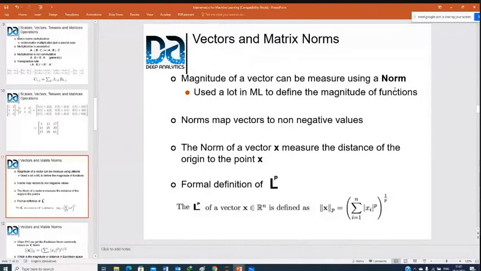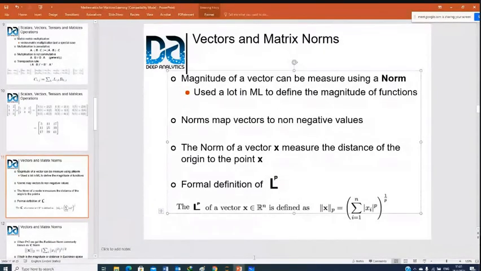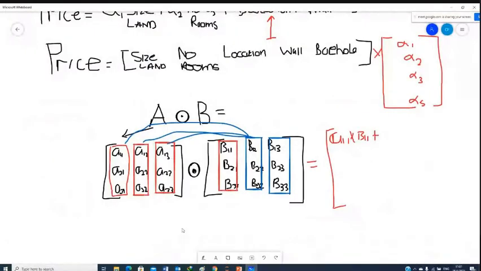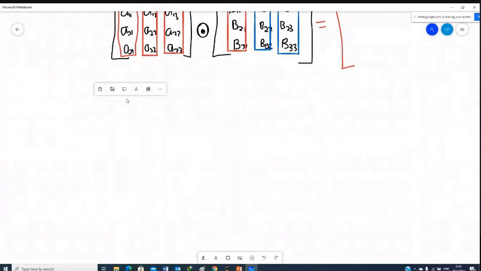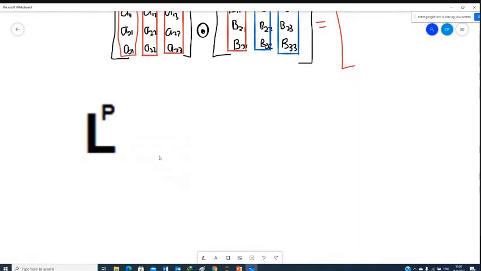So the formal definition is what we call the Lp norm of a vector.